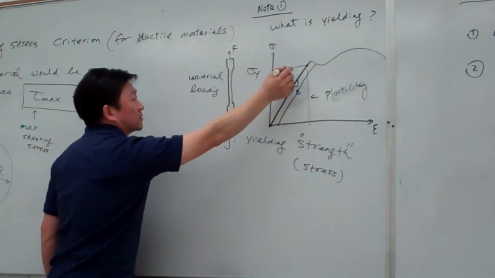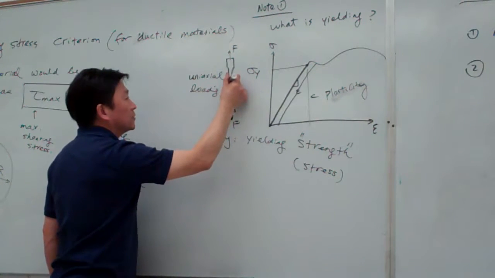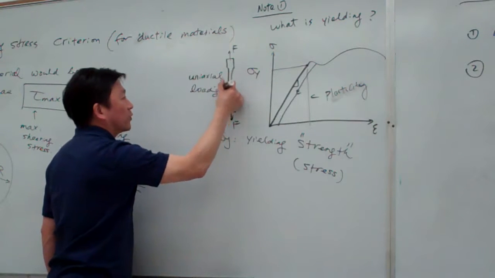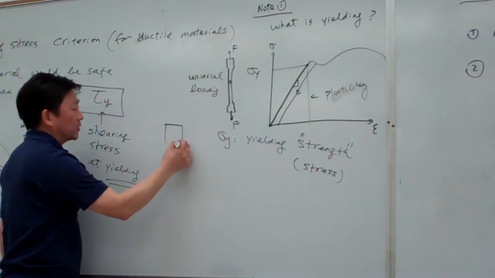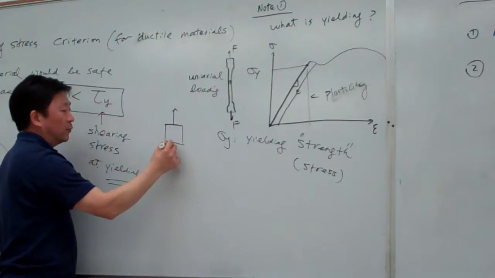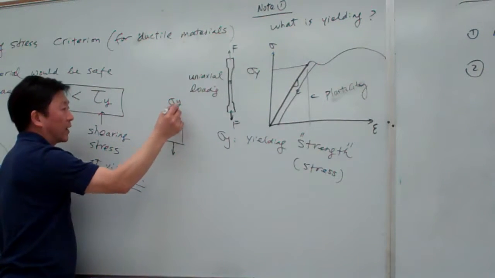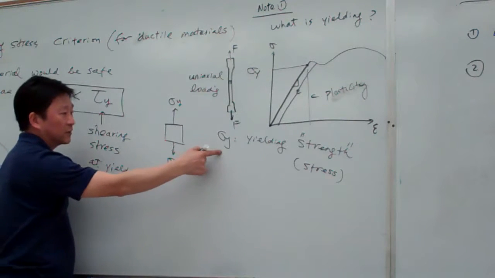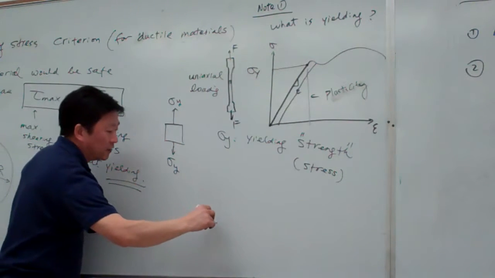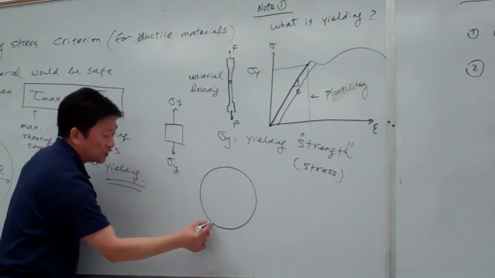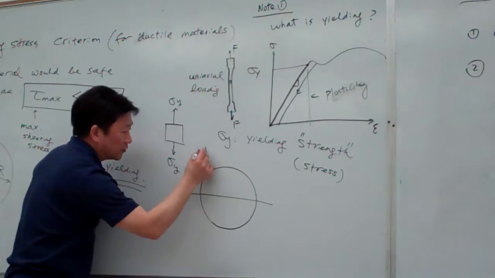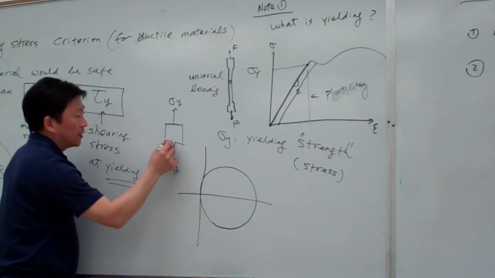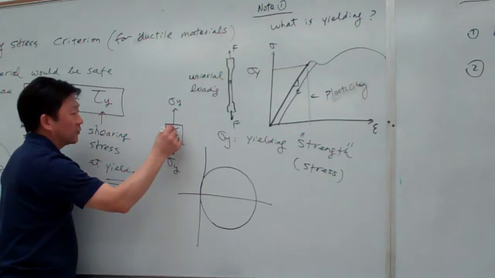So for example, we consider the yielding point here. If I take a small patch, at the point of yielding we have sigma y, and there is nothing else. When we build a Mohr circle, it will look like this. This is point x, this is point y.